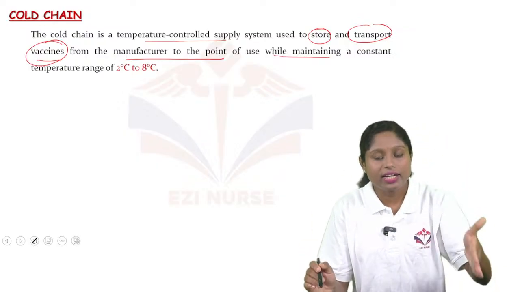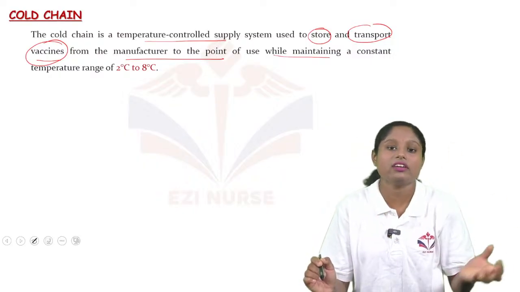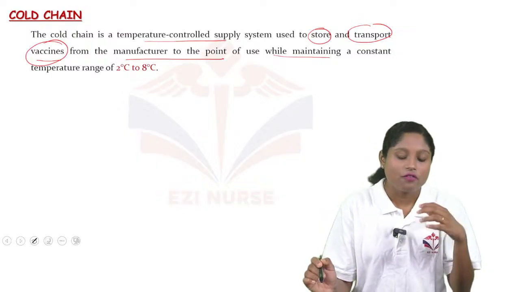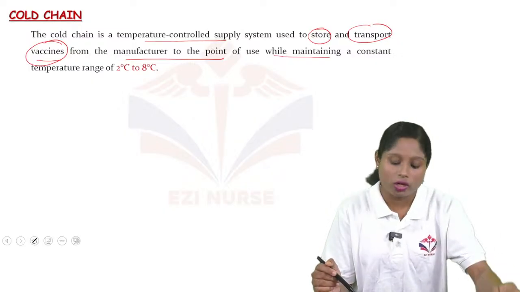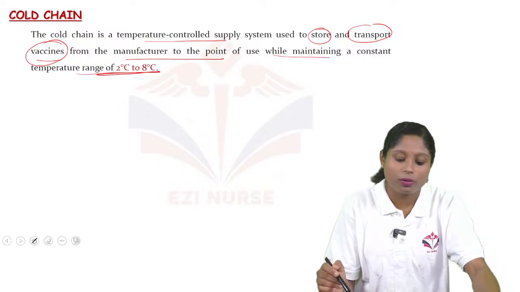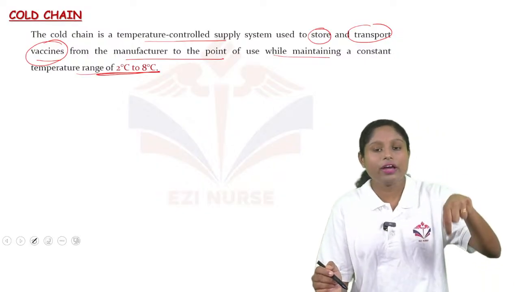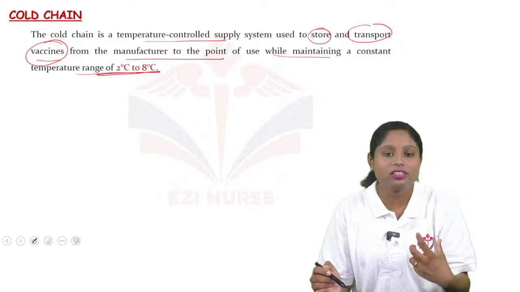From where it is produced to where it is used, we need to transport and store vaccines. For that we have a temperature-controlled supply system, known as cold chain. The temperature is kept constant at 2 to 8 degrees, from the manufacture point until the point of use.